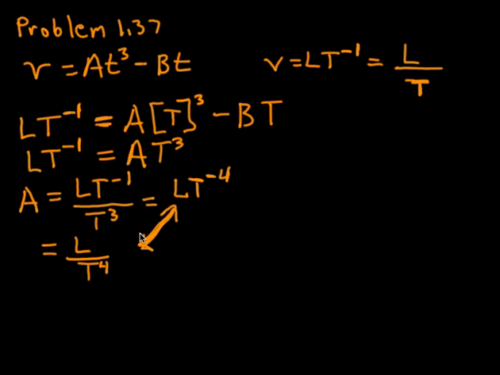Well, I can do the same thing over here for B. Part A was what were the dimensions of A. Well, part B is what are the dimensions of B. So I can look at my other term over here. Sign isn't going to matter since we're just looking at dimensions, so we're not asking for the particular values.